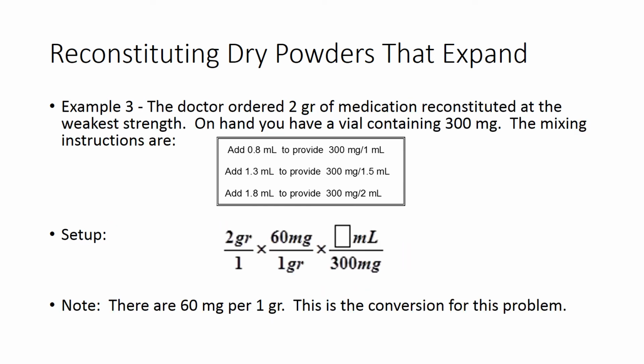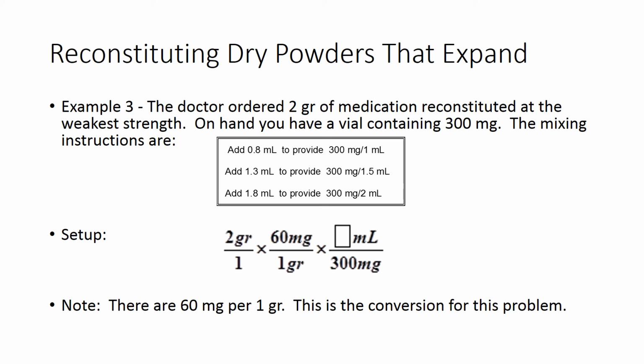Okay, our final example now is our doctor has ordered 2 grains of medication reconstituted at the weakest strength. So on hand, you have a vial containing 300 milligrams with the following mixing instructions. Now here's a case where we have to have a conversion, because we have to convert from grains to milligrams.